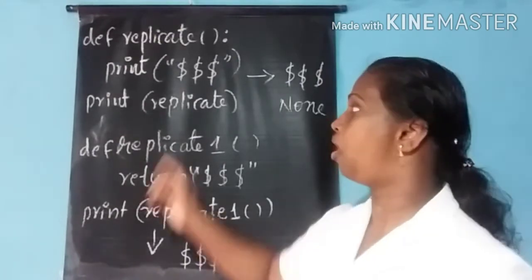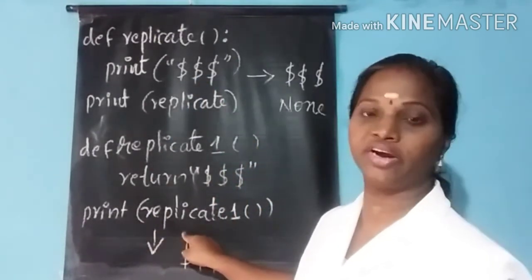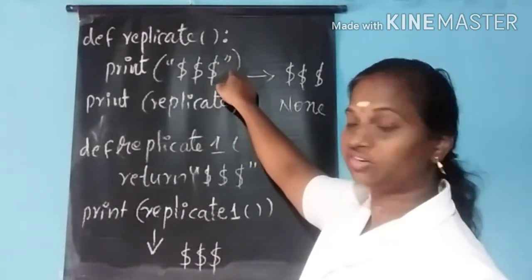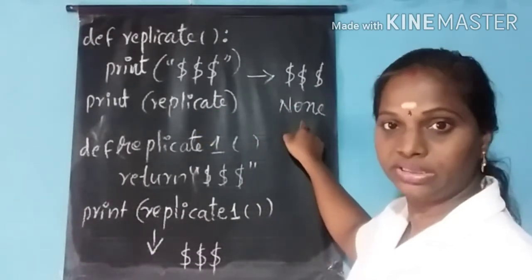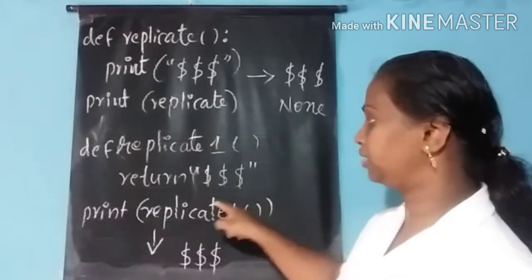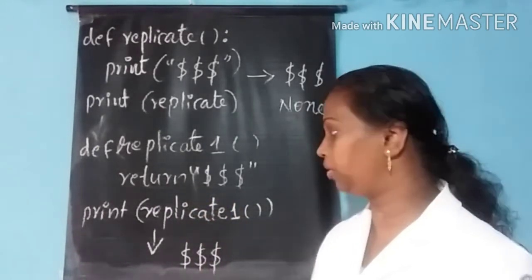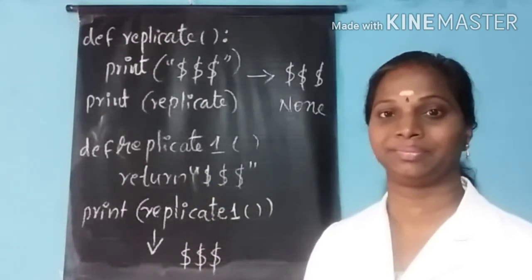Is it clear? In the first function, there is no return statement, so it is a void function. That's why it returns a none value, and that value is printing here. In the second function, it returns a value, so no none value. That's why it prints only this dollar symbol.